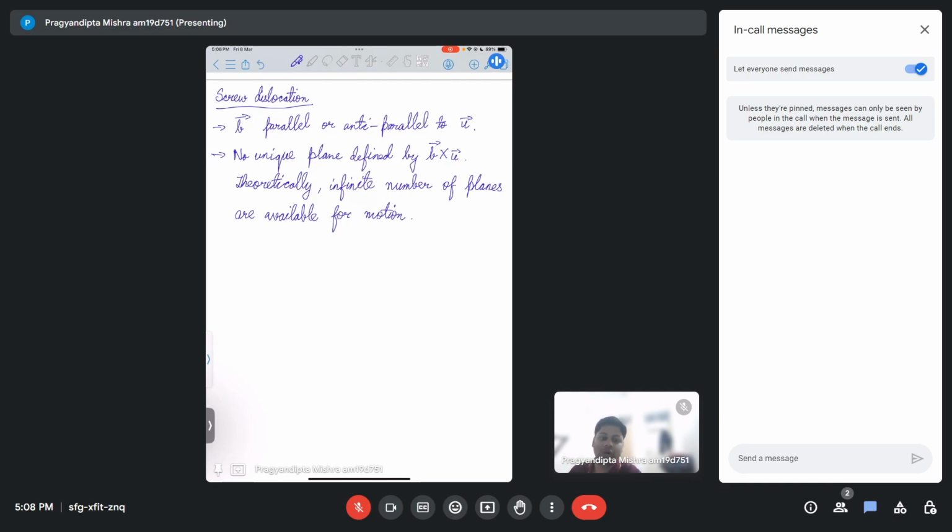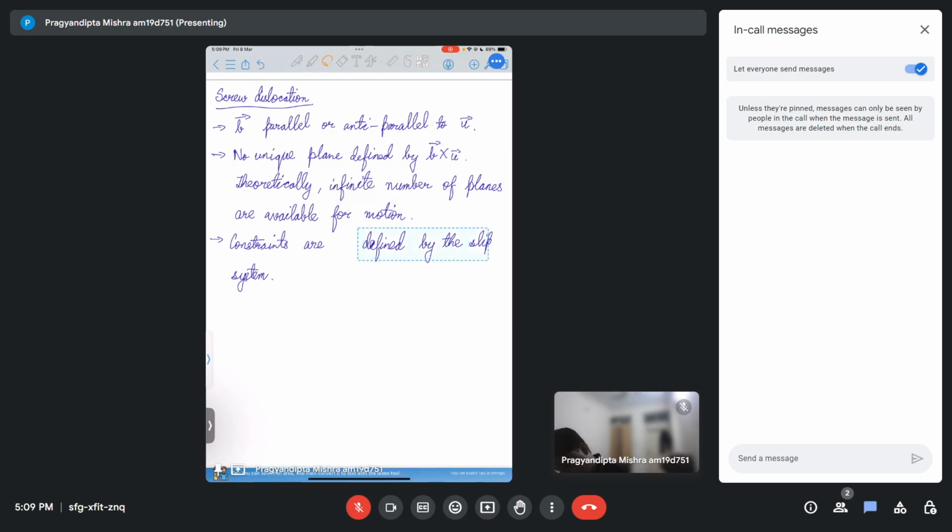So the constraints are now not defined by the screw dislocation itself, but they are defined by the slip system.